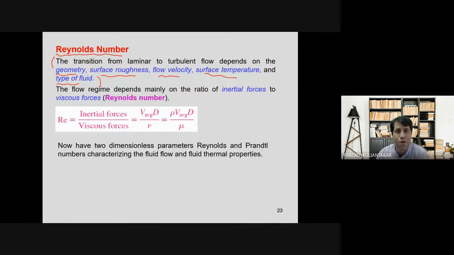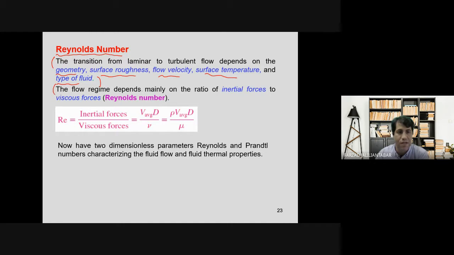You can see it is too complicated to understand when our laminar flow will become turbulent flow. Too many parameters are involved, and it is difficult to determine when the laminar will become turbulent. But all of these properties are combined and represented by the Reynolds number.